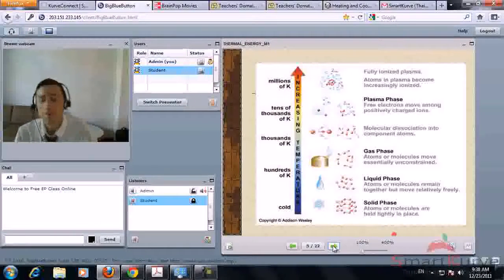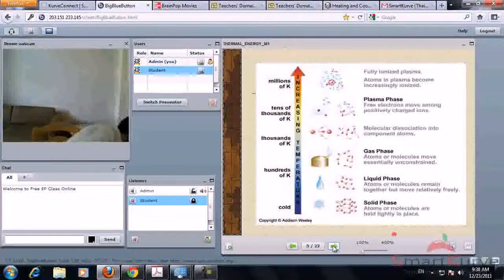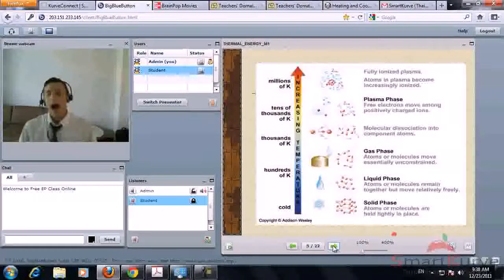On slide 5, we can see how this motion of molecules affects the different states of matter. Let's start at the very bottom, in the solid phase. Now we know that when we're talking about water, we use the word ice to describe water in the solid phase.